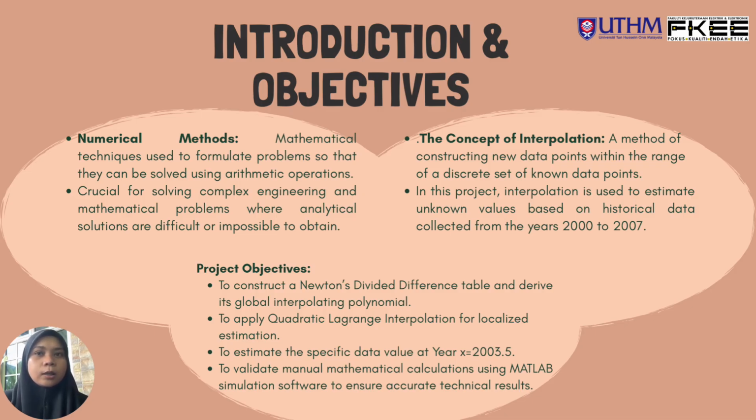Our core objectives are to construct Newton divided difference for a global polynomial, apply quadratic Lagrange interpolation for a localized estimation, and use both methods to pinpoint a specific value at 2003, which is year X.